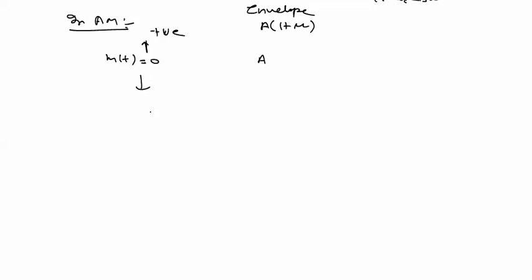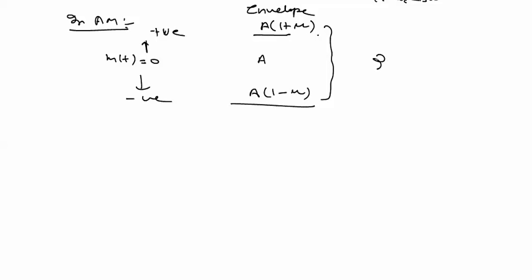The basic difference between AM and FM: in AM, if m(t) is 0, the carrier amplitude is A. If the message signal has some positive magnitude, the envelope is changed. For a negative value, the envelope goes to A(1 minus mu), so it oscillates between a maximum and a minimum value of voltage.